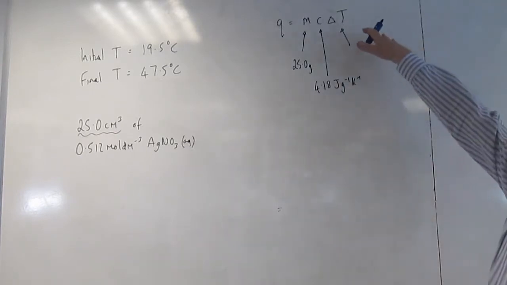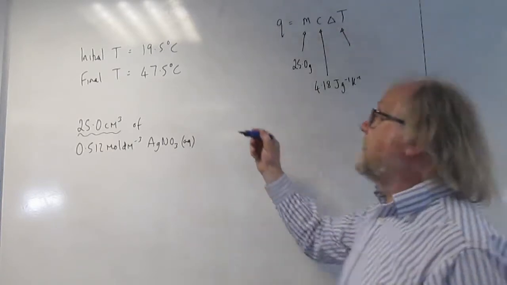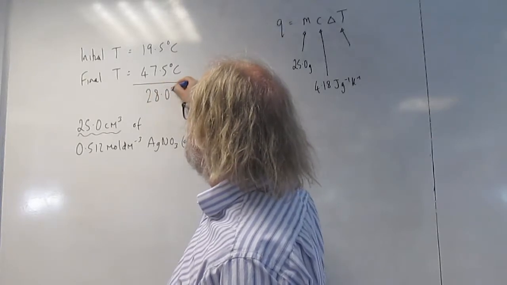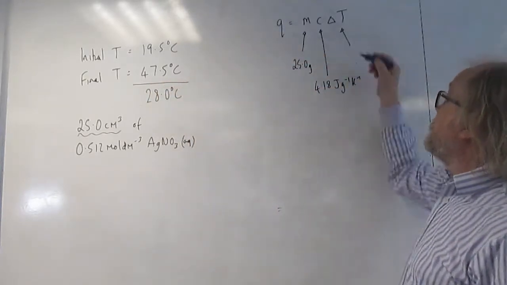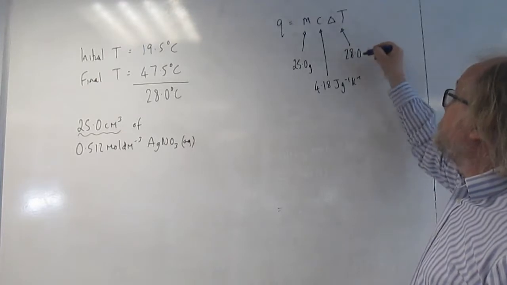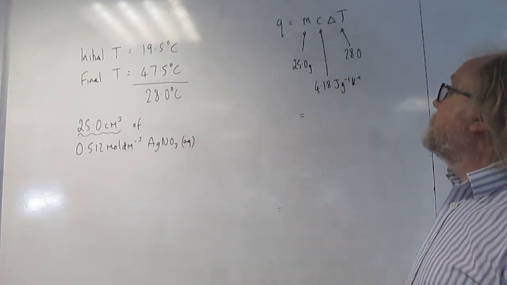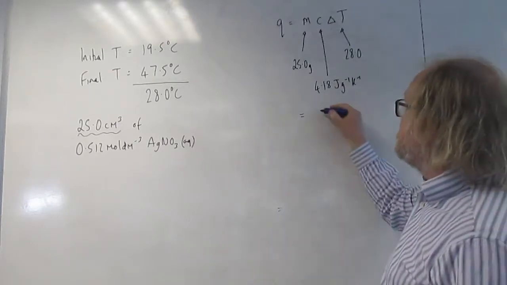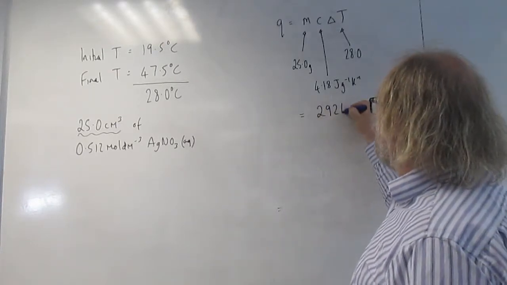So because it's delta T, you don't have to worry about the Kelvin thing. You just say, right, that minus that, 28.0 degrees C is the temperature change, and so 28.0 is what goes into there. So you multiply those three numbers together and you get 2926.